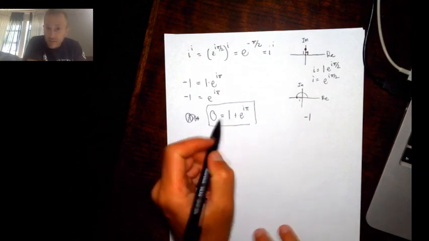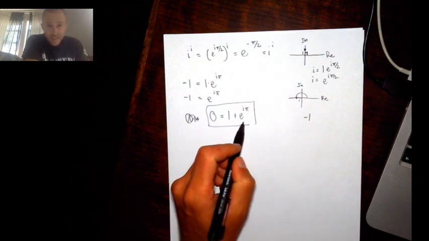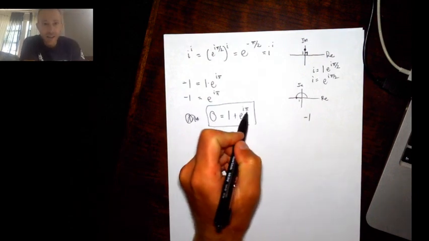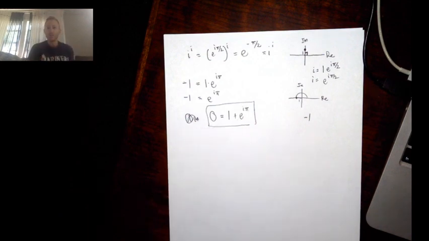It has 0, it has 1, it has e, it has pi, and it has the imaginary numbers. So this is a very beautiful equation made out of all the fundamental numbers that you've learned about throughout school.